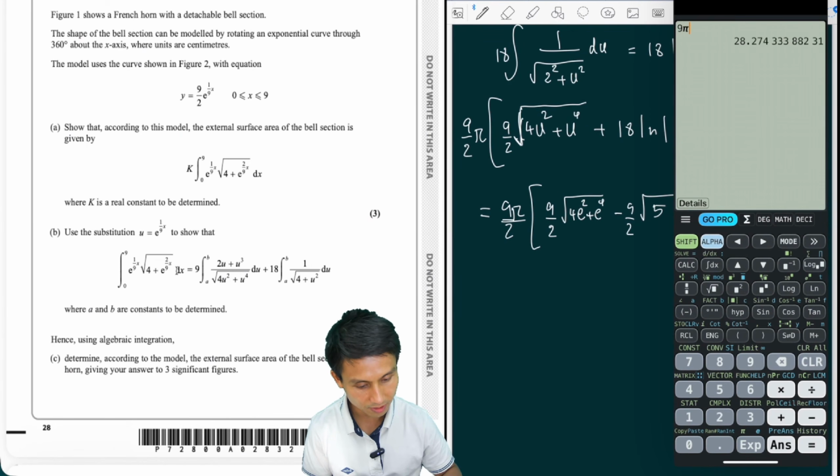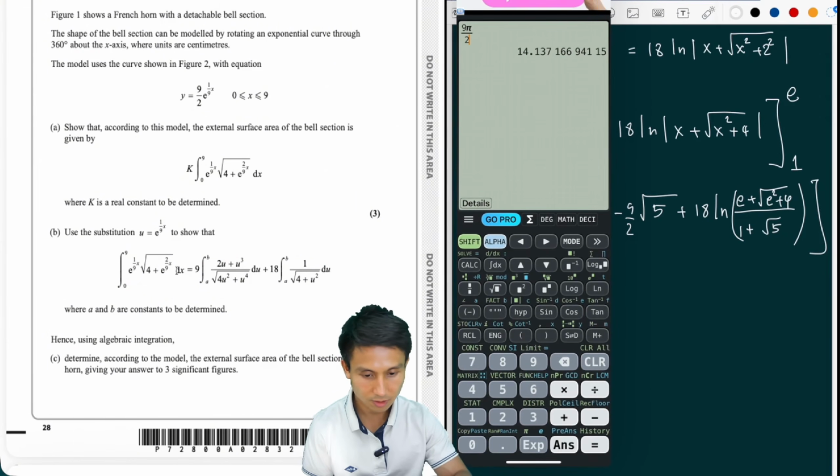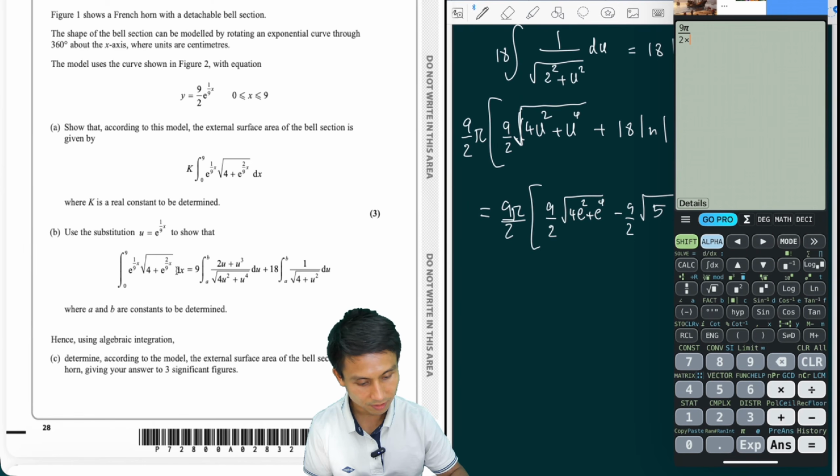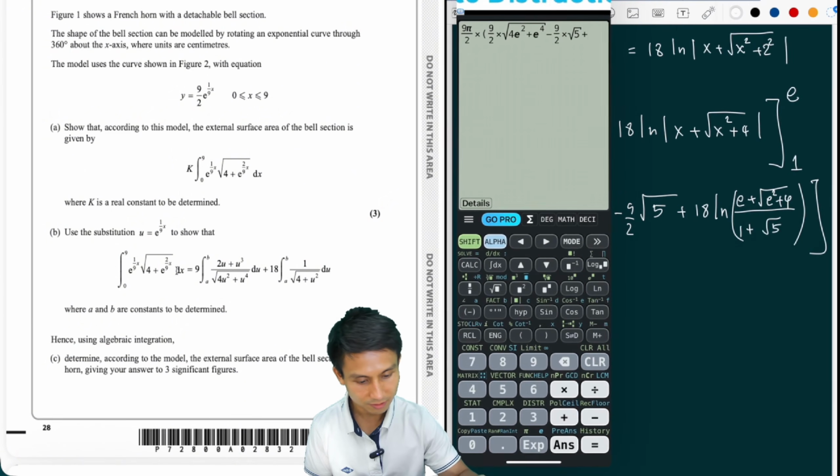So we have 9 pi over 2 times bracket, 9 over 2 times square root of 4e to the 2 plus e to the 4, minus 9 over 2 times root 5, plus 18 ln of the fraction: top is e to the 1 plus square root of e to the 2 plus 4, divided by 1 plus root 5.